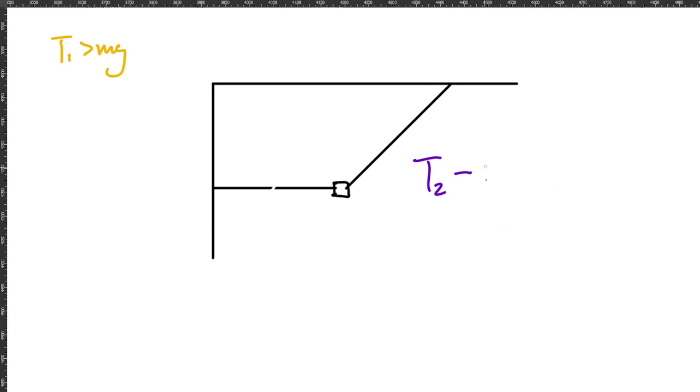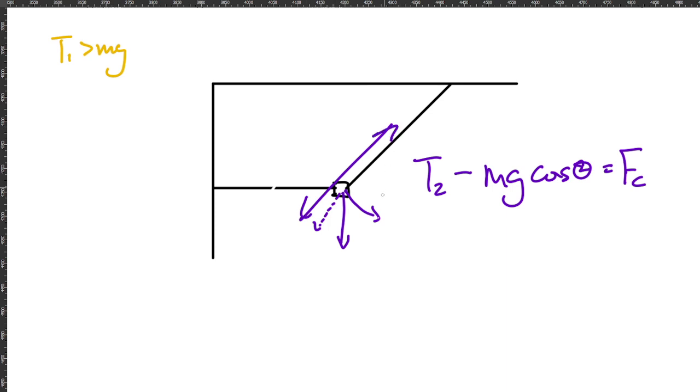Probably minus mg cosine theta is going to be equal to our centripetal force, because in this moment our pendulum now starts experiencing centripetal force, right? It's going to start swinging and having this component, right? So remember mg cosine theta. So here, we're going on this axis. We have T2 minus this is equal to our centripetal force.